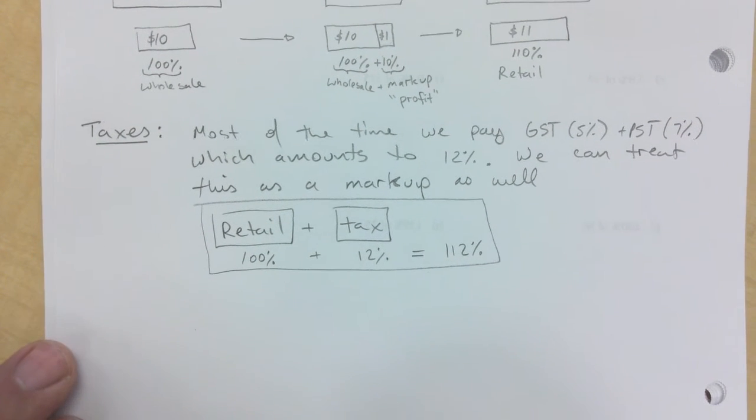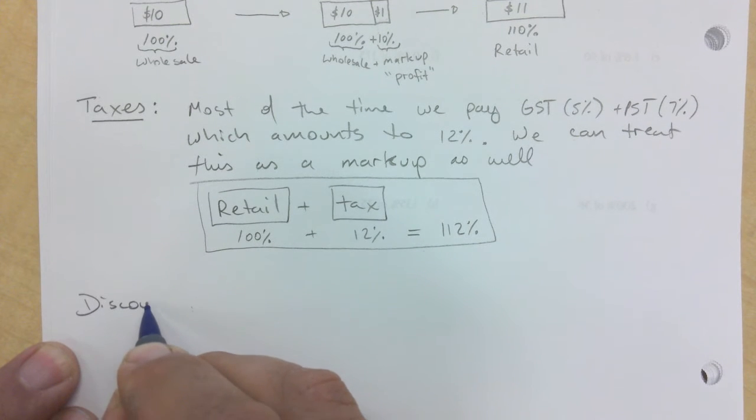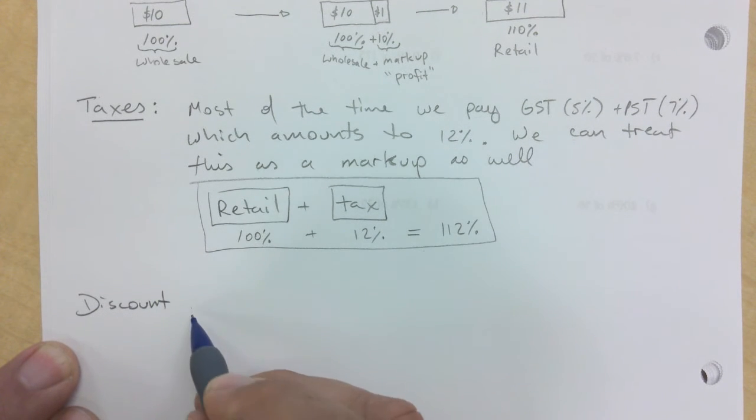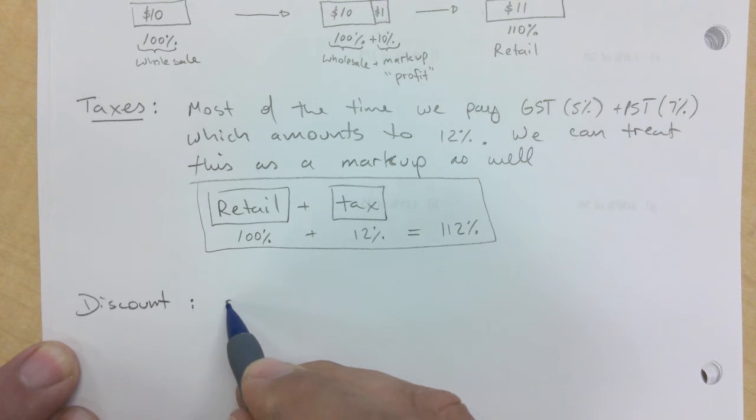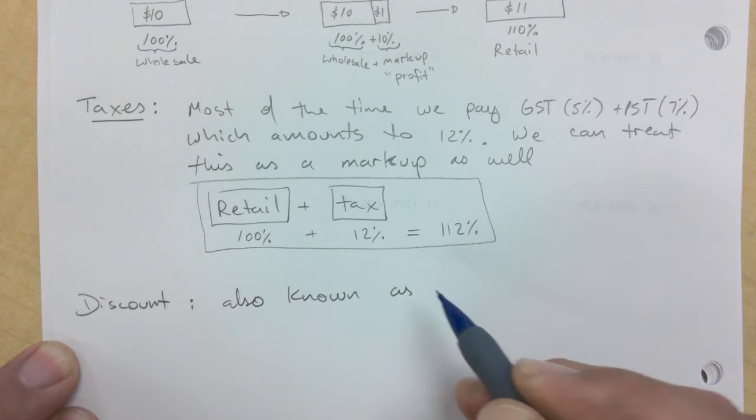And the last item is discount, also known as markdown.